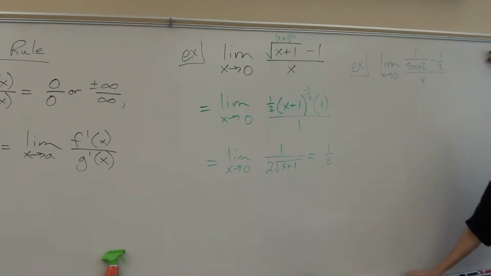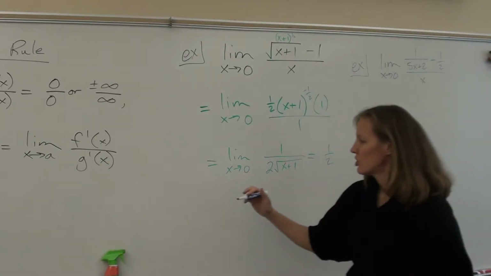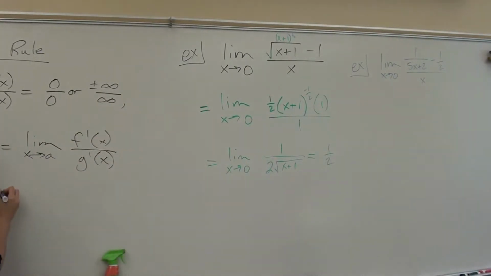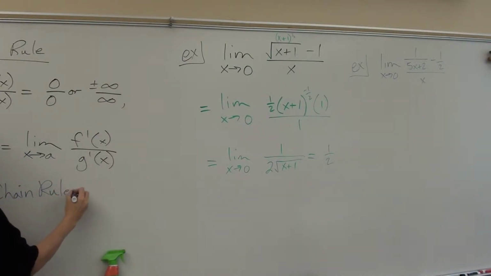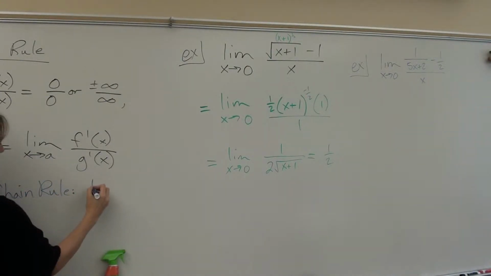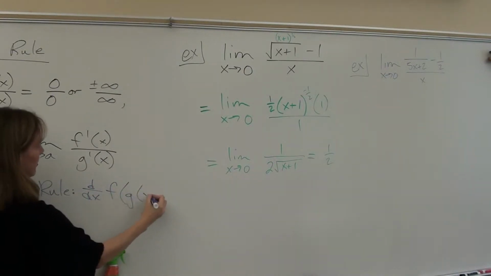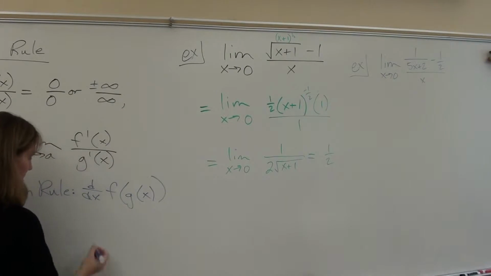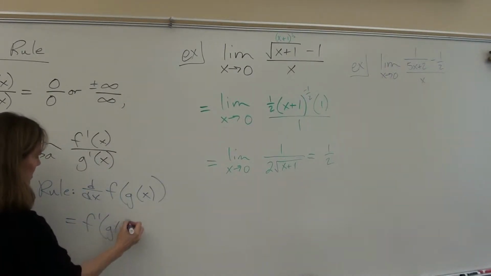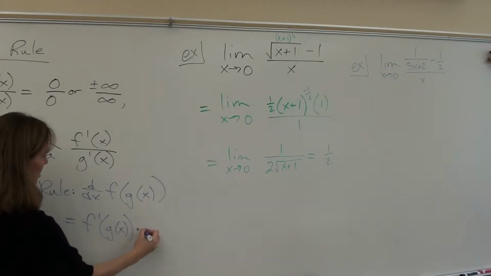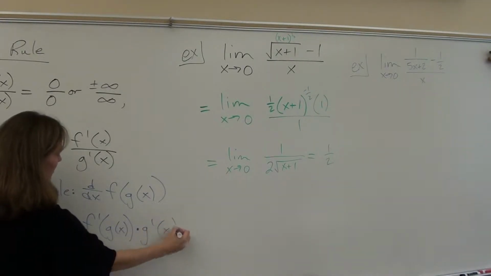Can you rewrite chain rule on the board, please? The chain rule? Sure. The derivative of f of g of x equals f prime of g of x times g prime of x.